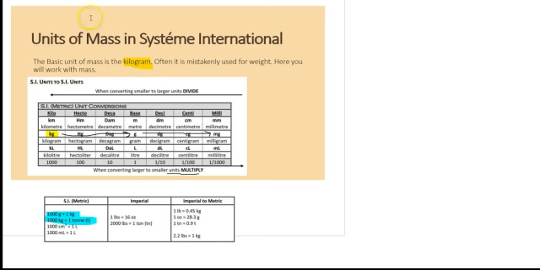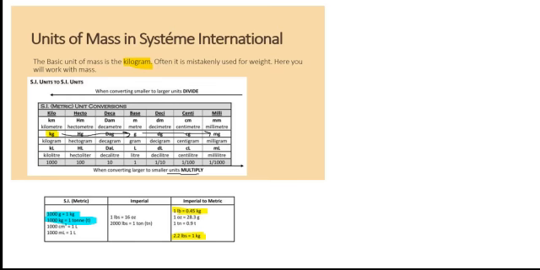The other important pieces that are on your formula sheet are the relationships between pounds and kilograms. And the most commonly used one is 2.2 pounds for 1 kilogram. Sometimes you'll use that 1 pound is equal to 0.45 kilograms, but that's not as common.